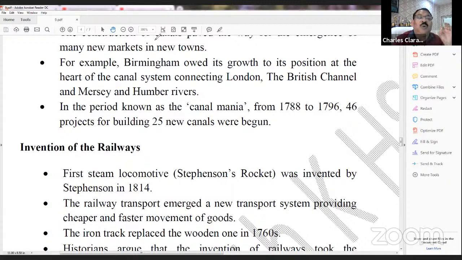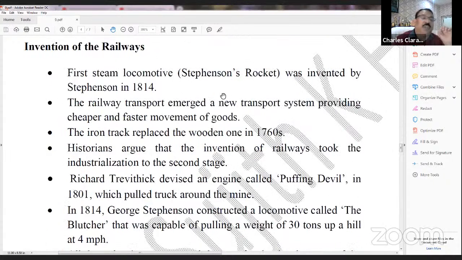The reason is because they understood the value of canals. Now we're talking about the invention of the railways, which also helped us a lot. The first locomotive, George Stephenson's Rocket, I told you about, was invented in 1814. This railway engine became a new transport system.